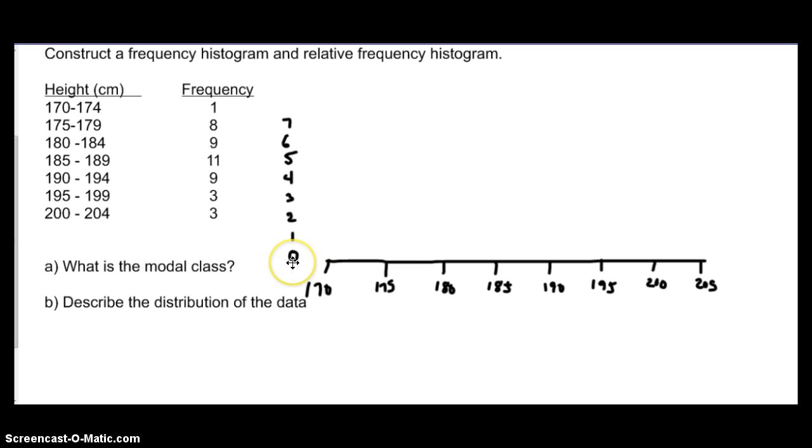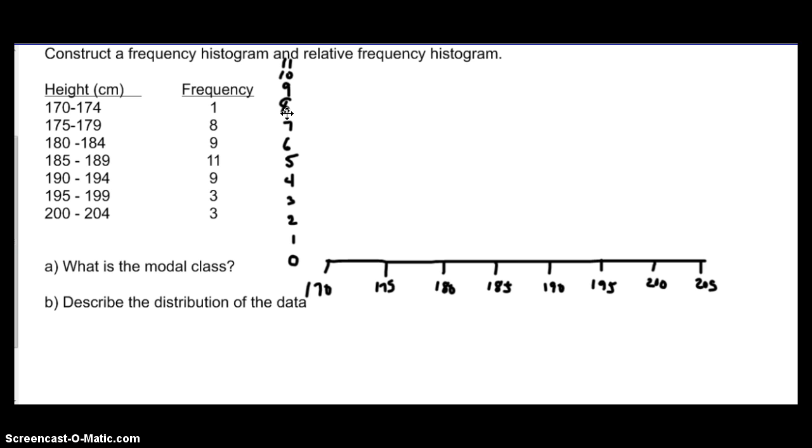You want to step up with ones from 0, 1, all the way to 11, or you can go higher to 12, depending on how much space you have. I'm going to stop at 11. That's as high as I have. And I do want to make sure my 0 is right at 0 there, so I'm going to pull these down some.